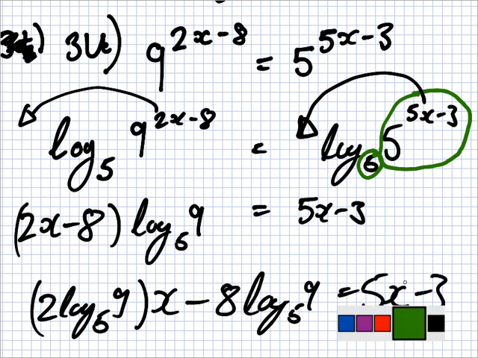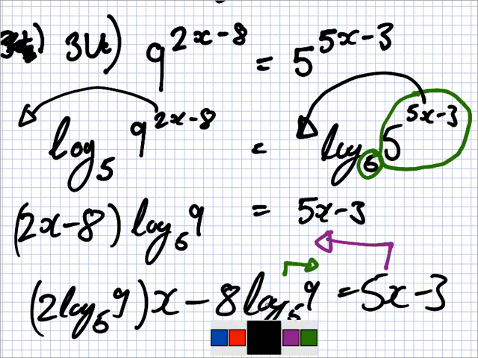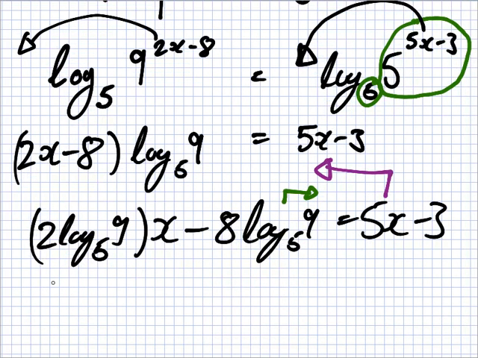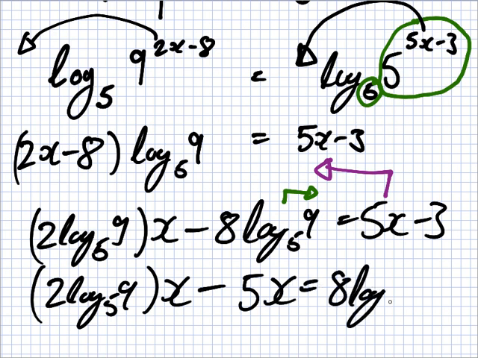So I shall take this one to the left and take this one to the right. So now I get 2 log 5, 9 x minus 5x equals 8 log 5, 9 minus 3.